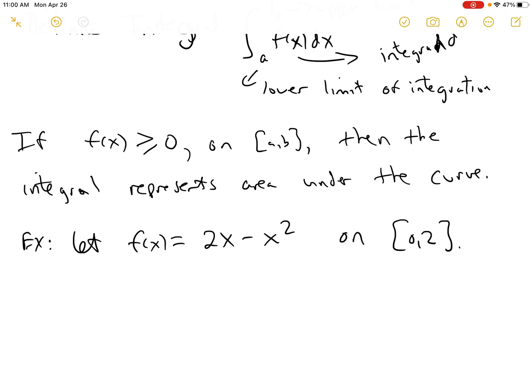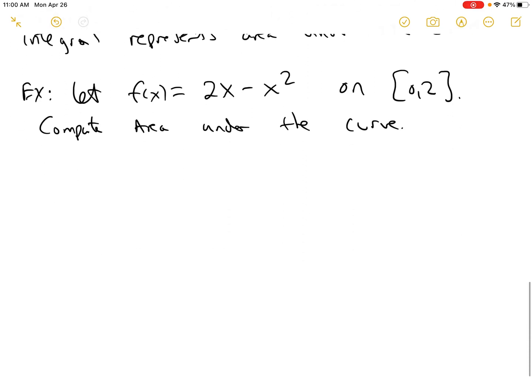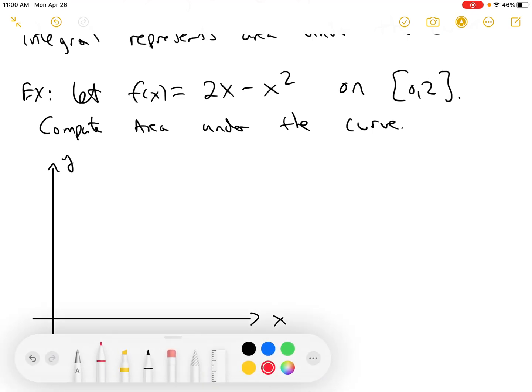And we want to compute the area under the curve. First, let's make sure it's actually positive so that we are computing the actual area. I don't think your boss will be silly enough not to make it, but we'll check. So what does this have? Is it 0 and 2?